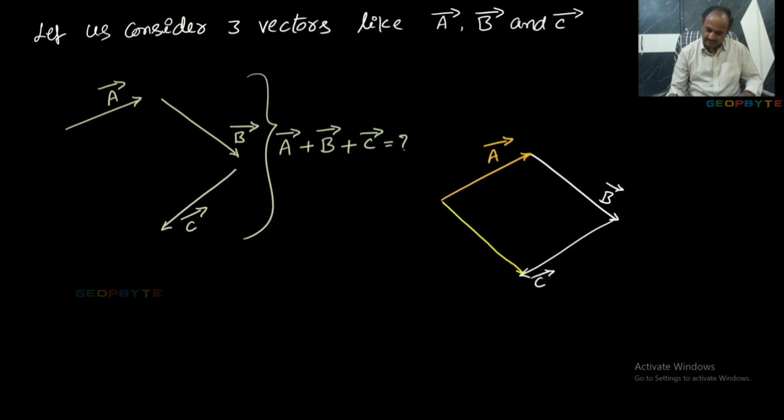This line joining is representing the resulting vector. That resulting vector r bar is equal to vector A plus vector B plus vector C. I hope all of you clearly understood how to add two or more than two vectors.